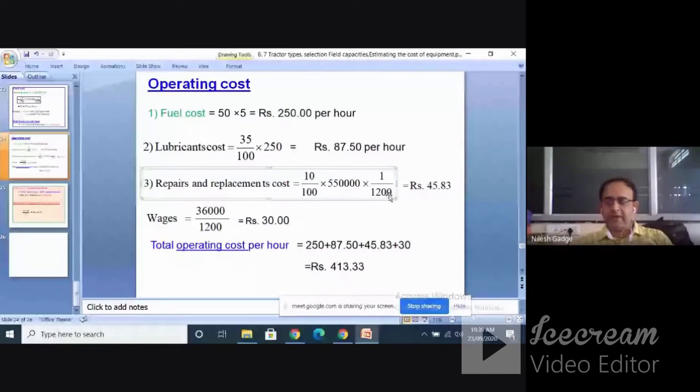It should be divided by the working hours so that the cost will be in rupees per hour. So 5,50,000 multiplied by 10 divided by 100, and also divided by 1,200, the working hours. So the repair and maintenance will be 45.83.